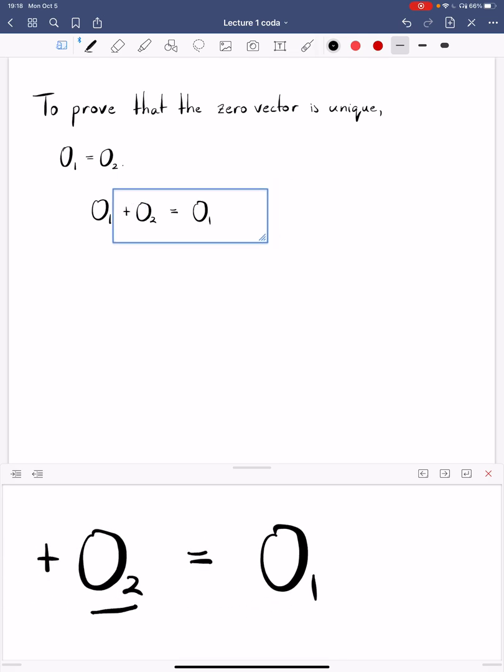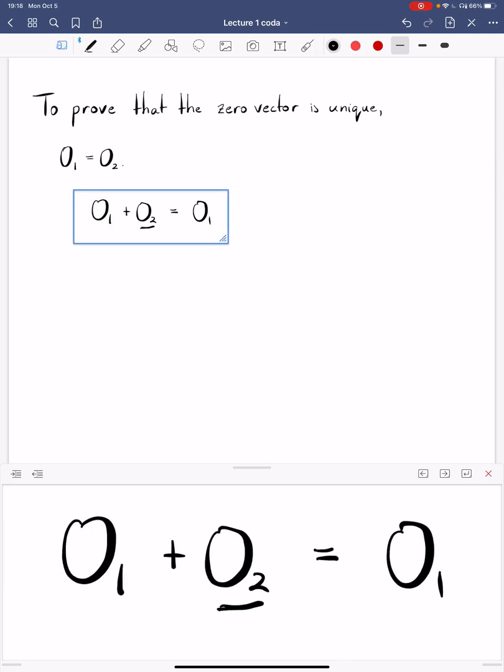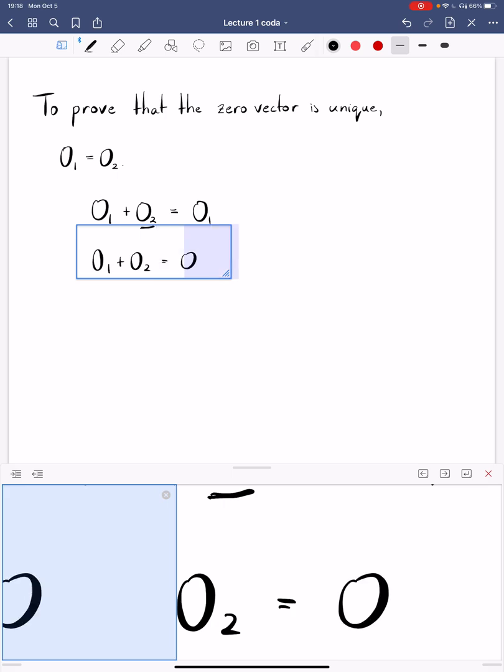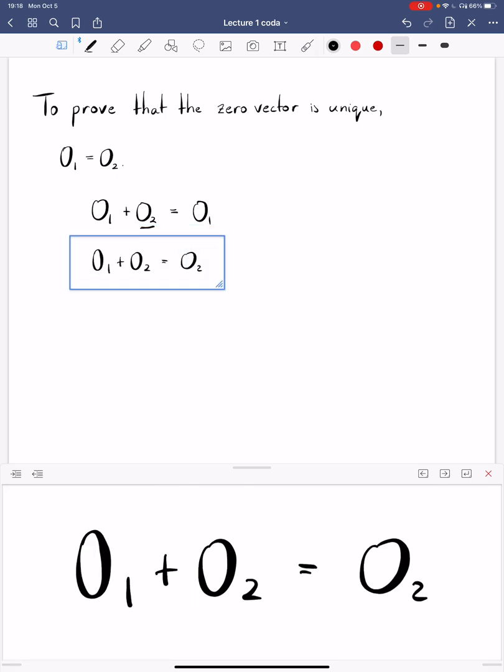That's because adding 0_2 to any vector does nothing, and my any vector I'm taking to be 0_1. And also, I have 0_1 plus 0_2 is equal to 0_2. And why is that? That's because adding the vector 0_1 to anything, and in this case, my anything is 0_2.